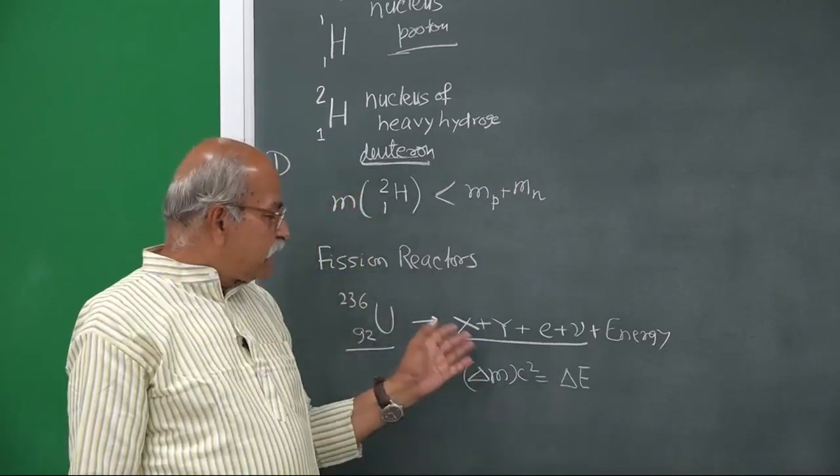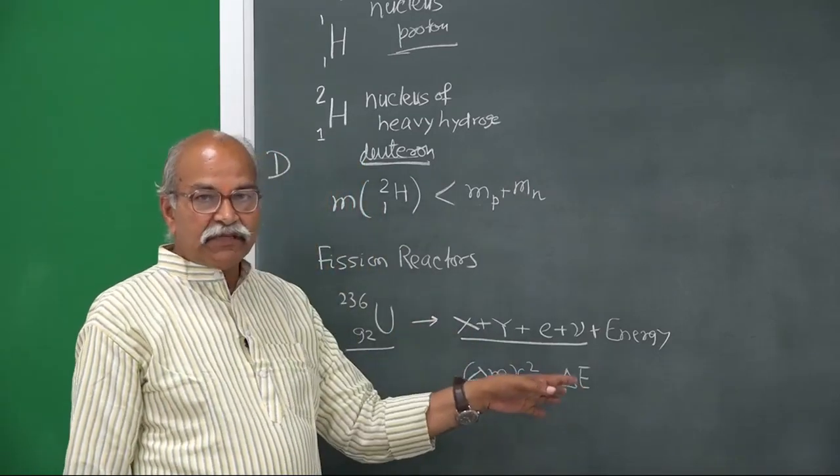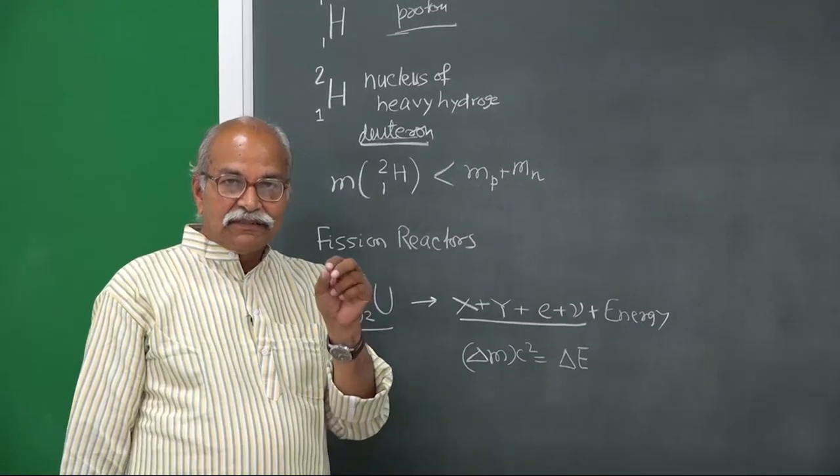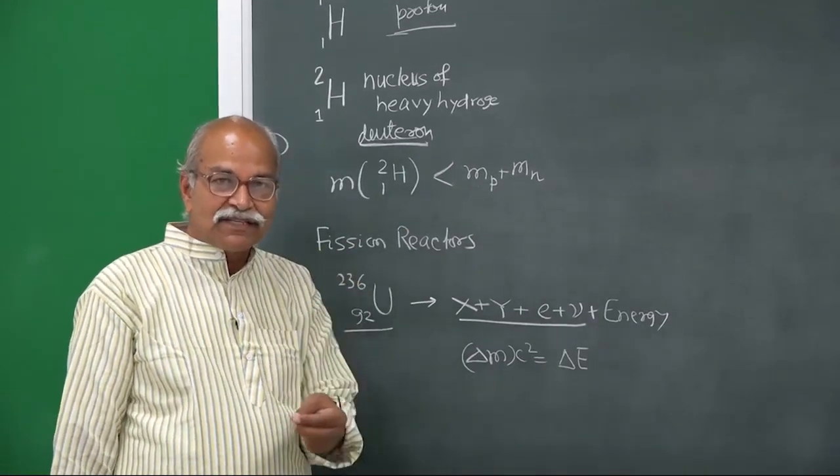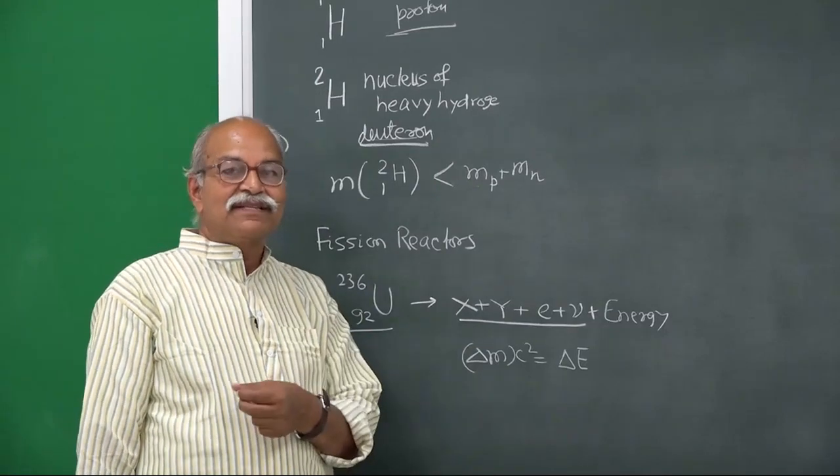So, in a way we have converted mass into energy, but we have not destroyed any particle. The protons are still there, neutrons are still there, electrons are still there.